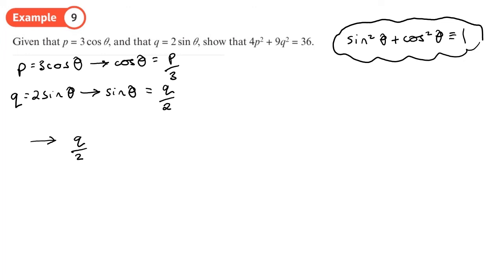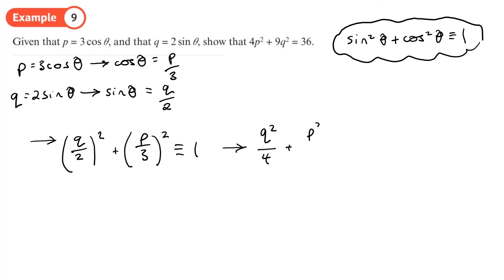So now, using this identity here, we can write q over 2 all squared, that's like sine squared, plus p over 3 all squared, that's like cos squared, is equivalent to 1. So that's q squared over 4 plus p squared over 9. Let's multiply both sides by 4.